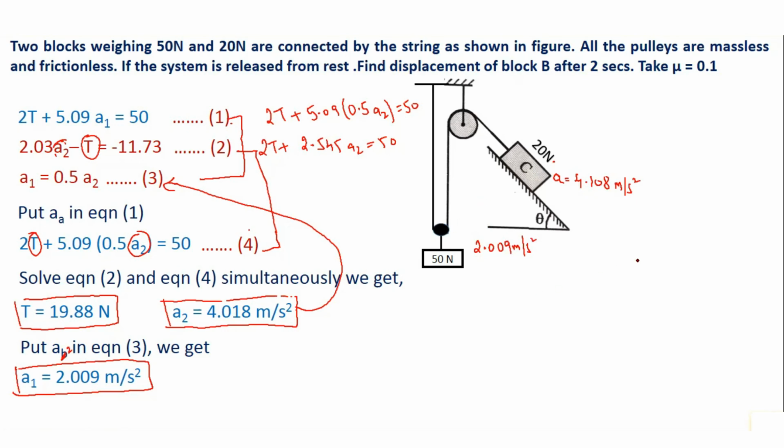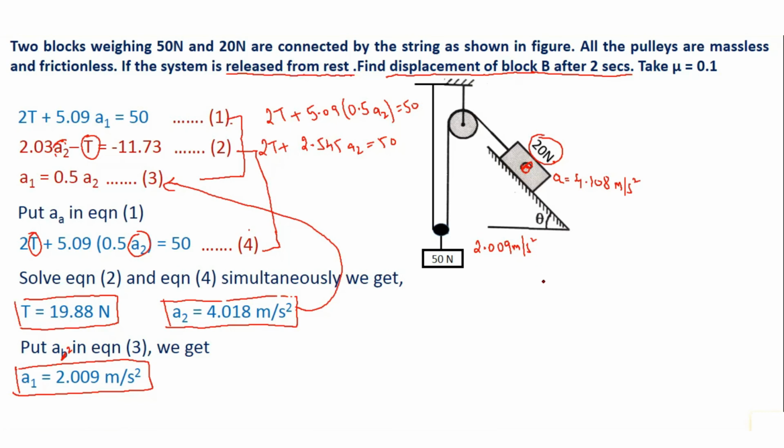But this was not our requirement. Our requirement was find displacement of the block B after 2 seconds. So block B means this block of 20 Newton. So I need the displacement of this block after 2 seconds when it was released from rest.